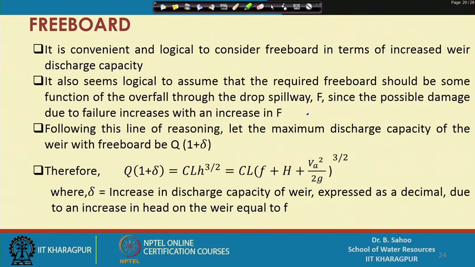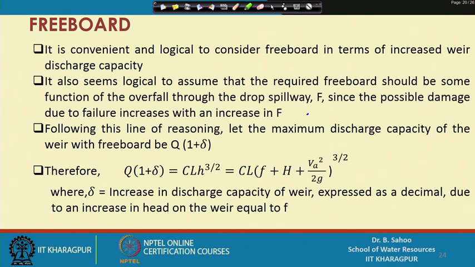So, it is convenient and logical to consider freeboard in terms of increased weir discharge capacity. It also seems logical to assume that the required freeboard should be some function of the overflow through the drop spillway, that is capital F, since the possible damage due to failure increases with an increase in capital F value. Following this line of reasoning, let the maximum discharge capacity of the weir with freeboard be Q into 1 plus delta.